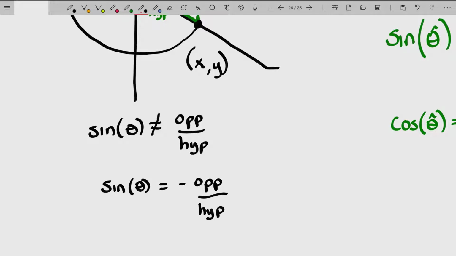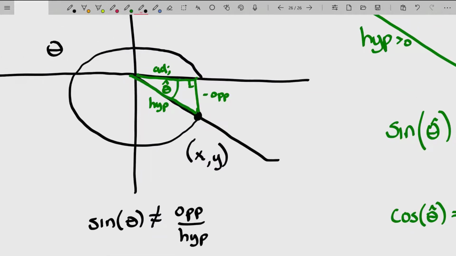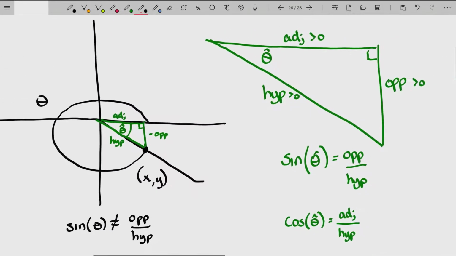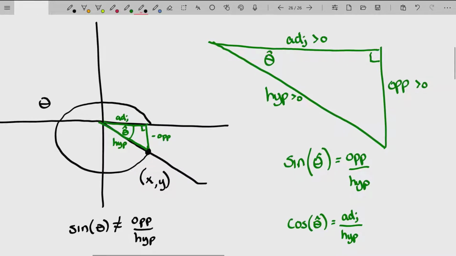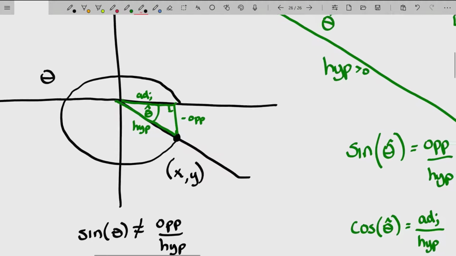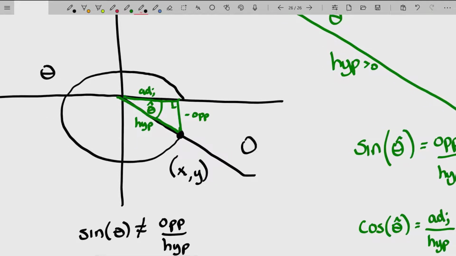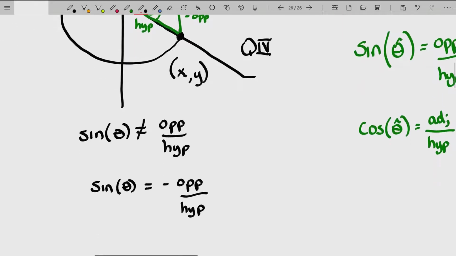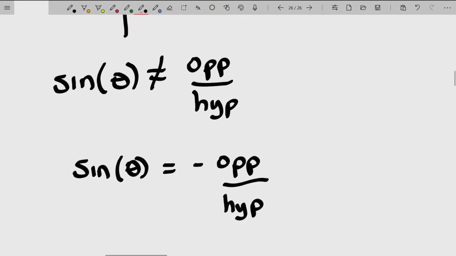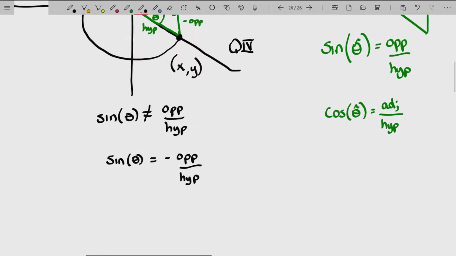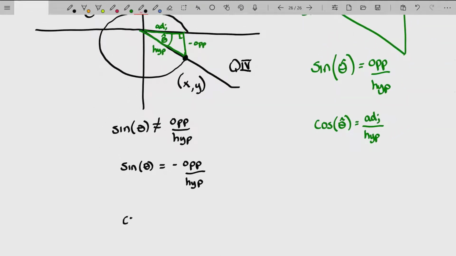But otherwise, the ratios hold. So what you do is you draw your right triangle outside of your axes there, and then you just take into consideration what quadrant you're in. So if we're in quadrant 4 here, I happen to know the sine should be negative. So rather than writing opposite over hypotenuse, I would say it's the negative of opposite over hypotenuse. Cosine of theta, again, we're in quadrant 4.